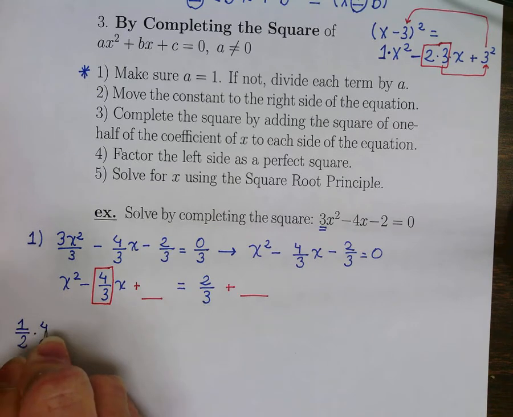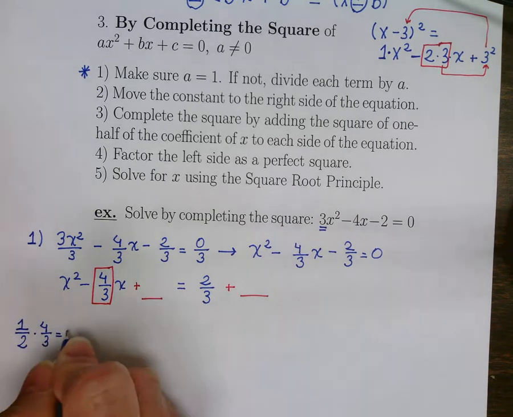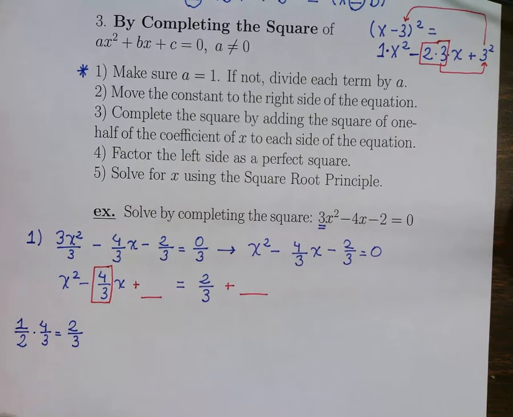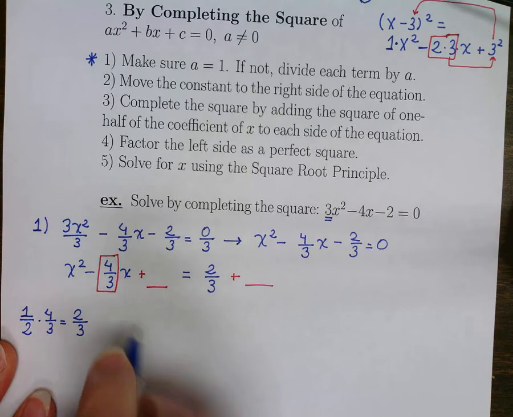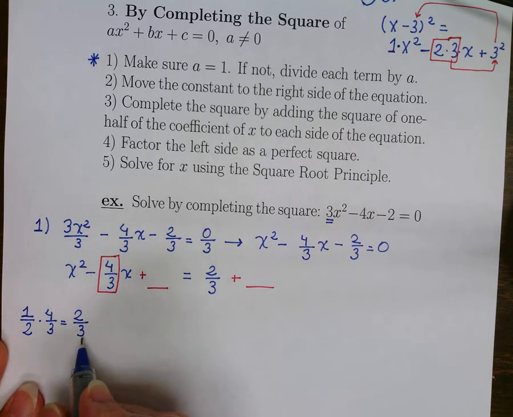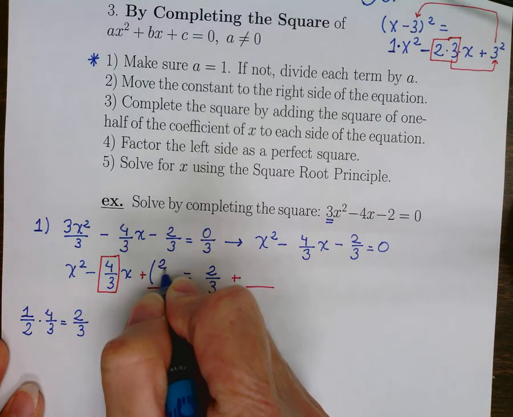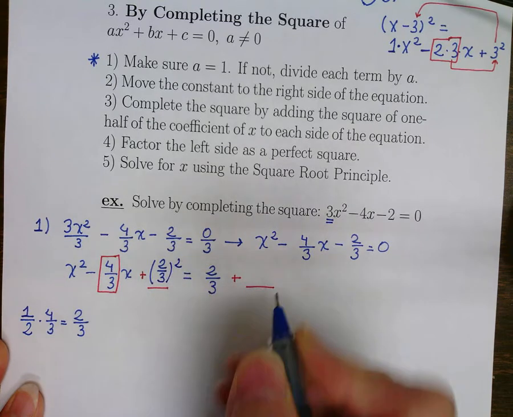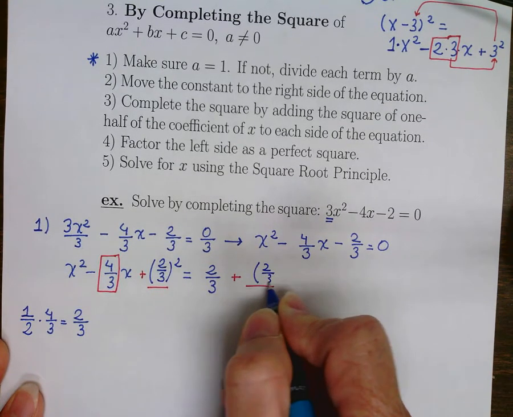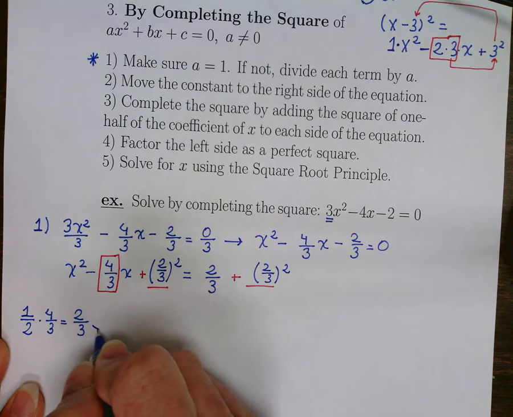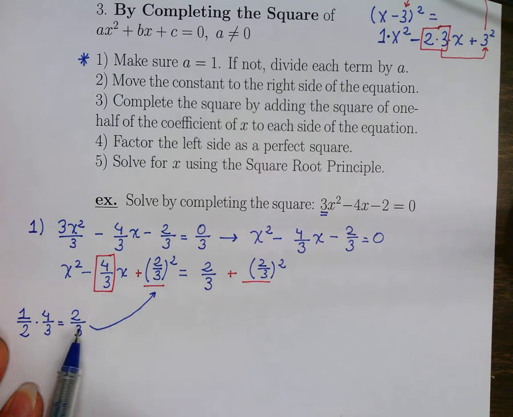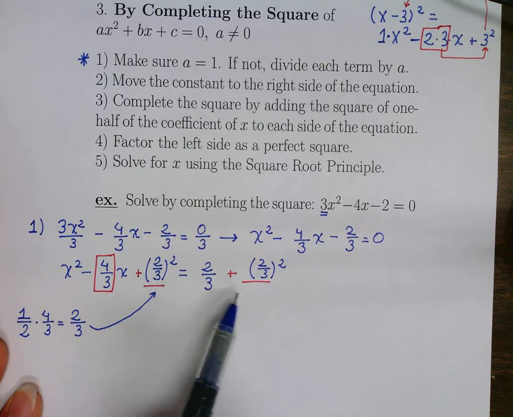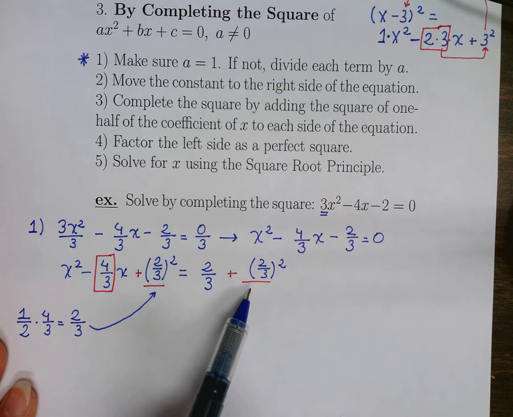And it's a simple multiplication of fractions, and it's just going to be 2/3. So that is what I'm going to add. So I am going to then add 2/3 squared. And I have to add it to both sides. Okay? You see how that works? I take half of the middle coefficient, square it, and that's what I add to both sides. And notice it's always addition.